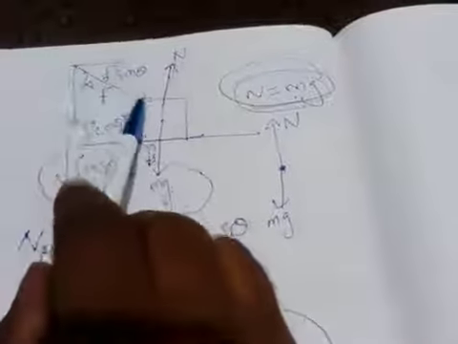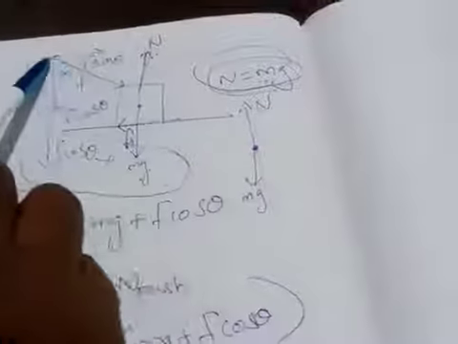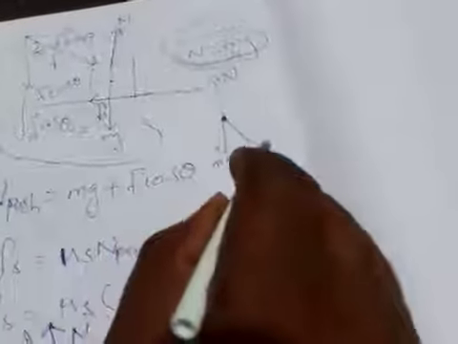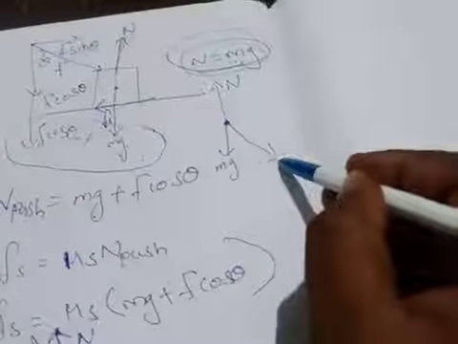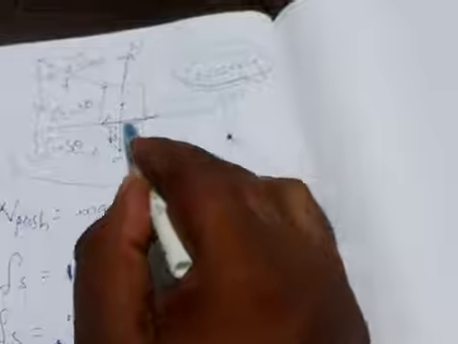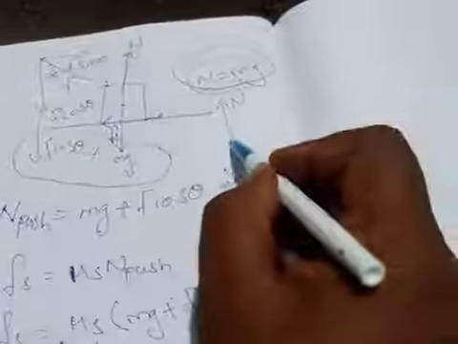Now this force is in this direction, going like this, F. Opposite there is friction. This is the free body diagram for pushing an object.